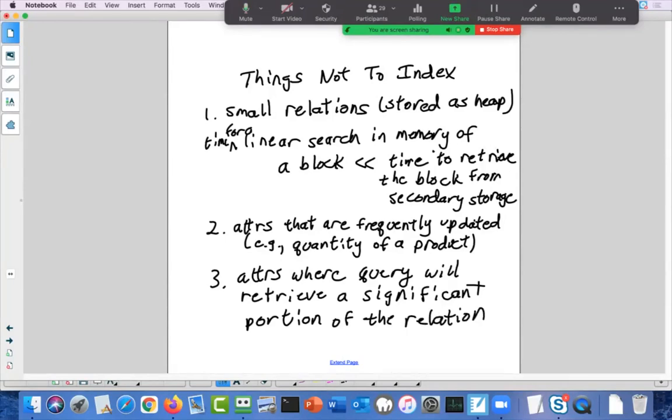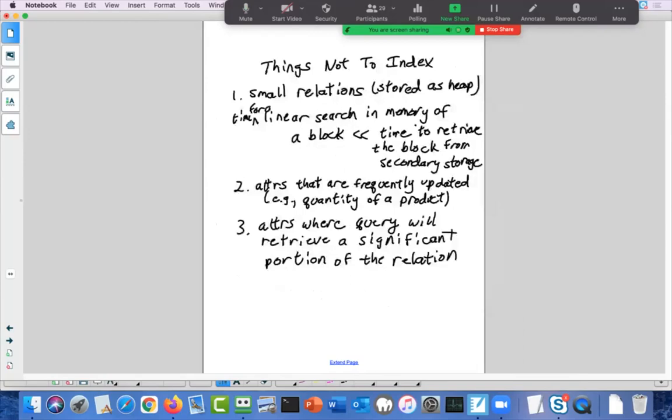So for example, position, there are probably not a huge number of employee positions in the company. So if we do a search on position, we're likely to get a fairly large number of employees, which means it's probably not worth it to index it.